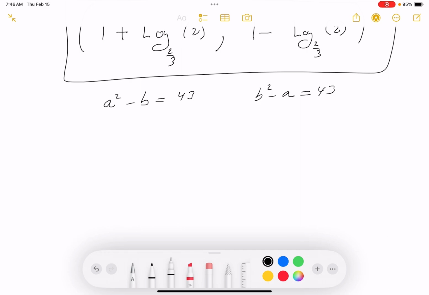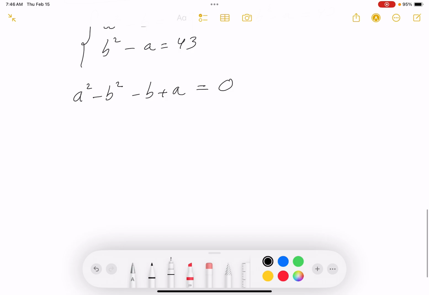So for example, two equations, two unknowns, let me put this right next to it. You can subtract these equations. What do you get? A squared minus B squared, and then you're going to get minus B plus A, and 43 minus 43 is 0. And then I start to realize that this is factorable.